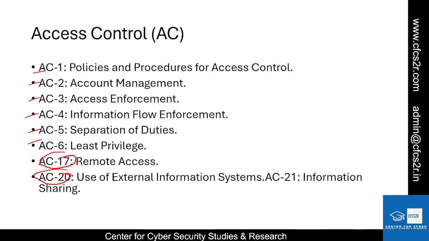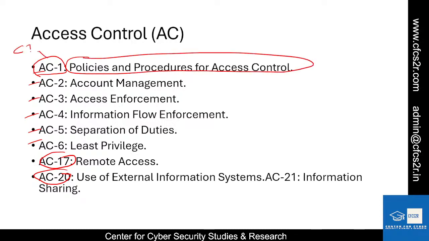So basically, we are talking about the first family, and that is access control. For access control, we have around 7 to 8 controls. This is called the control identifier, and this is called the control name.